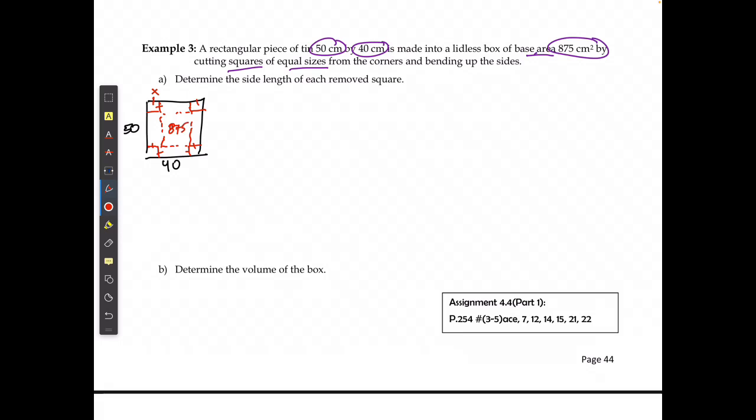Which means that the side lengths on the inside here is going to be 50 minus 2x, and here is going to be 40 minus 2x. So I can say that 875 is going to equal 50 minus 2x times 40 minus 2x.